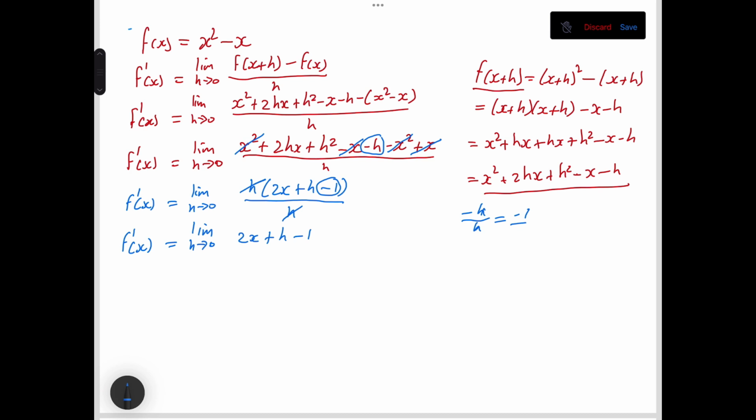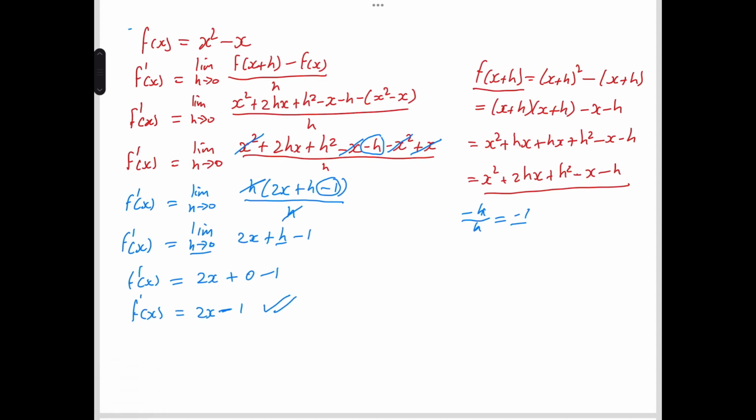That's where we get the negative 1 from. Now we're going to substitute h with 0. So it's going to be 2x plus 0 minus 1. Remember, we didn't write the notation because h is substituted with 0. That gives us 2x minus 1, and here we get our predicted answer. Done and dusted.